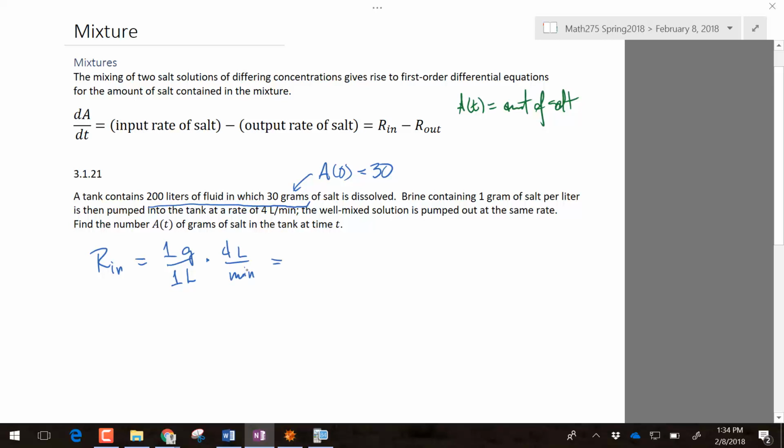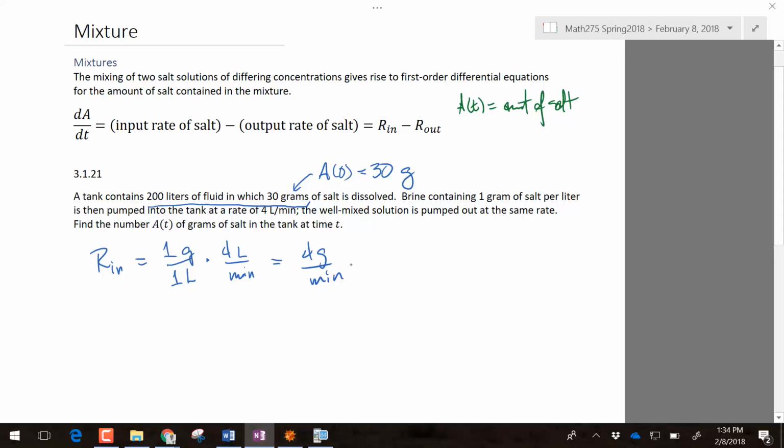So it looks like we have 4 grams of salt per minute coming in. That makes sense, right? The amount of salt that we have is in grams, and the rate that we're looking at is grams per minute, the amount of salt per minute coming out. So that looks like it makes sense.